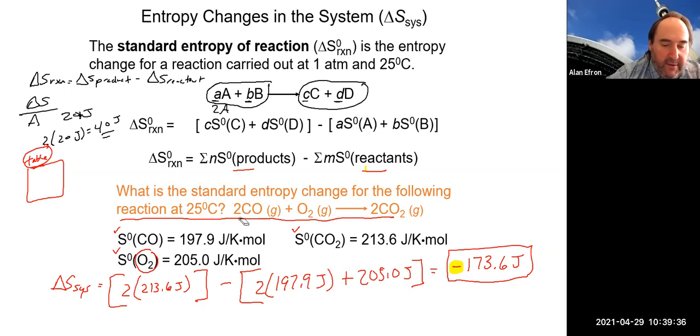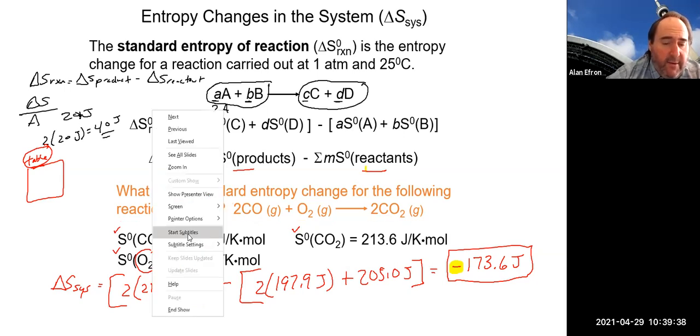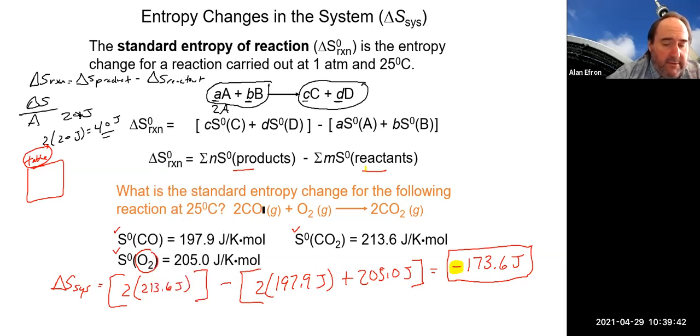So if we look at the equation here and we look at actually gas molecules. This guy is a gas, this guy is a gas. We have 2 gas molecules here, we have 1 gas molecule here, which means on our reactant side we have basically 3 gas molecules, right?